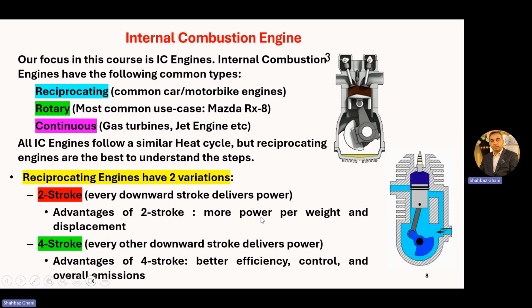And in four-stroke, every other downward stroke delivers power. The advantage of four-stroke is better efficiency, control, and overall emissions. These are the four strokes. We will study them in detail later on.